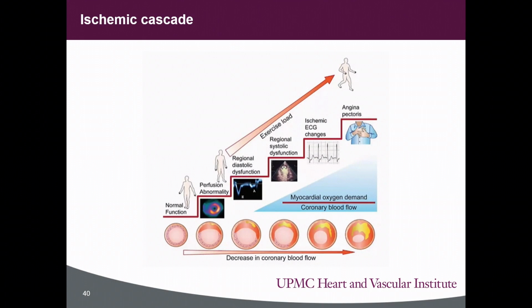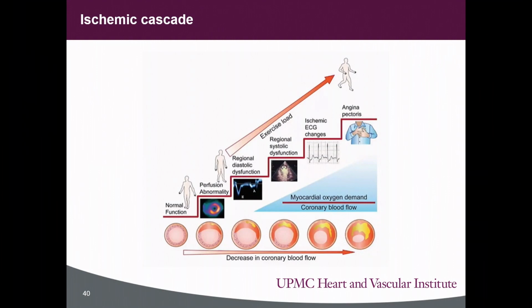And so actually the perfusion scan might pick up things before you even have wall motion abnormalities that appear on a stress echo. So first is normal function, then perfusion abnormalities, then diastolic dysfunction, then regional systolic dysfunction. So actually the stress echo can be a later step than the nuclear perfusion scan.